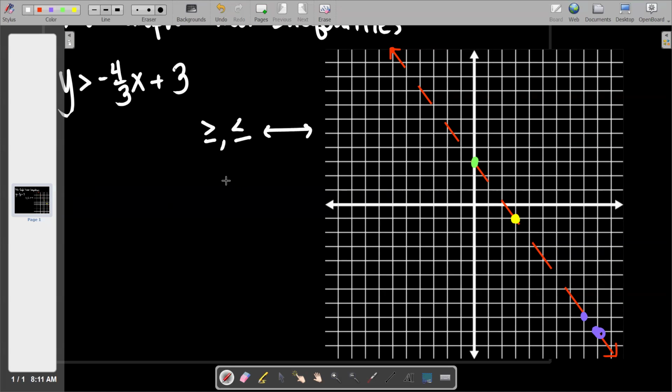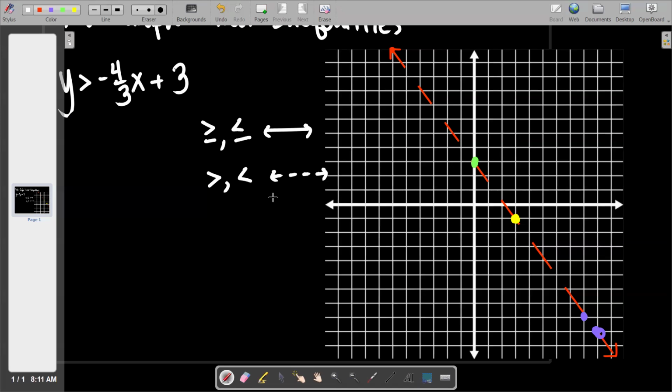You make a little box here and just use it as a resource, put a highlighter on it, and then we just never have to talk about this again. If you have just a greater than or just a less than, then your line is dotted. And I hope you understand why that is. It's not just a thing that we do because someone told us we have to. We're communicating an idea. The points on the line either work or they don't.